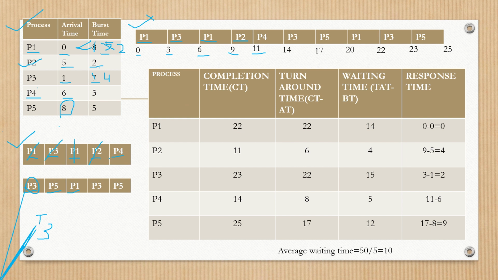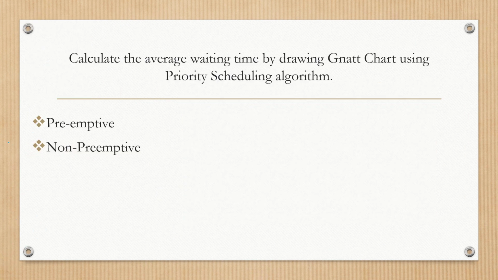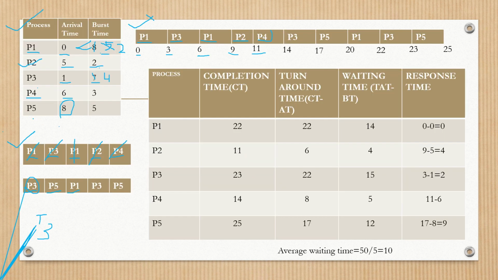So at time 11, what is the first process in your ready queue? P4, right? So P4 is taken from the ready queue and allocated to the CPU at time 11. According to our time quantum it can execute 3 units of time, and you have to see in parallel what the burst time of P4 is.